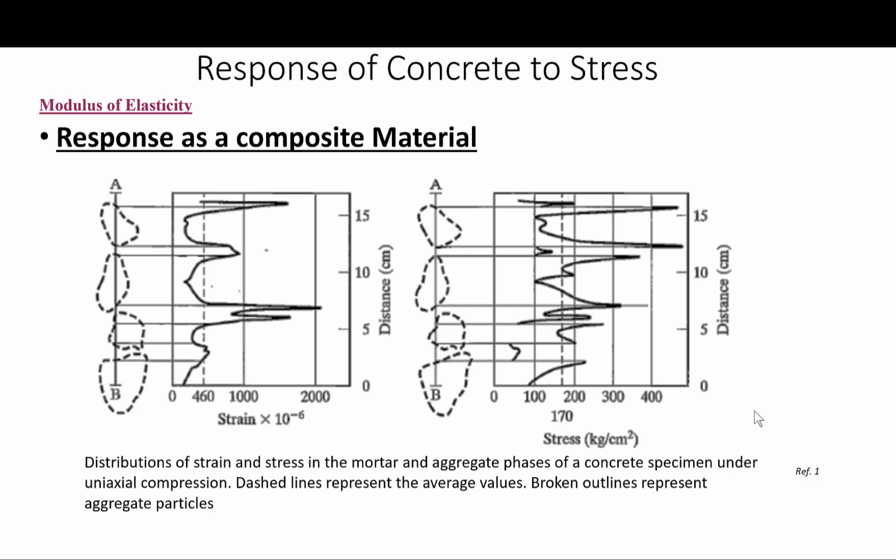So the largest strains occur at the contact zone between the paste and aggregate, which accounts for the early formation of bond microcracks. Okay, so you keep that in mind.